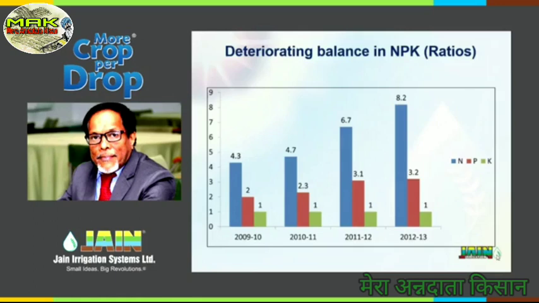So basically what happens is that farmers, because of the availability issue as well as the cost issue, buy the cheapest fertilizer, which happens to be urea compared to potash, and they keep on adding. Their belief is that if you give more, you get more. It doesn't happen. It not only doesn't happen in terms of yield, it deteriorates the soil.